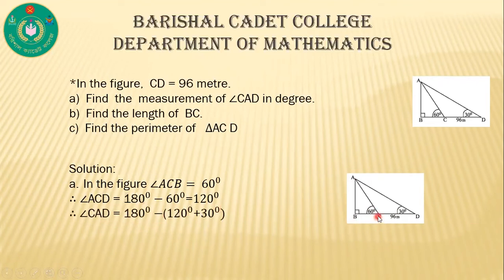Therefore, angle CAD is equal to 180 minus (120 plus 30) is equal to 30 degree. So angle CAD is equal to 30 degree. Now question number B.